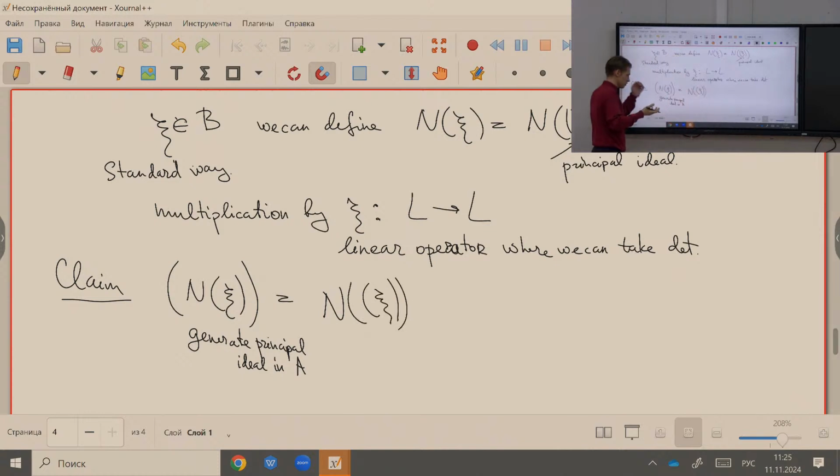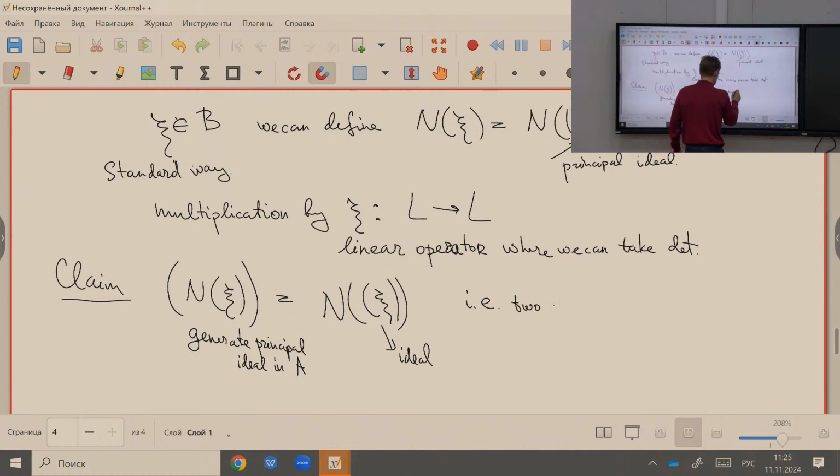So the two definitions of norms on elements are consistent.